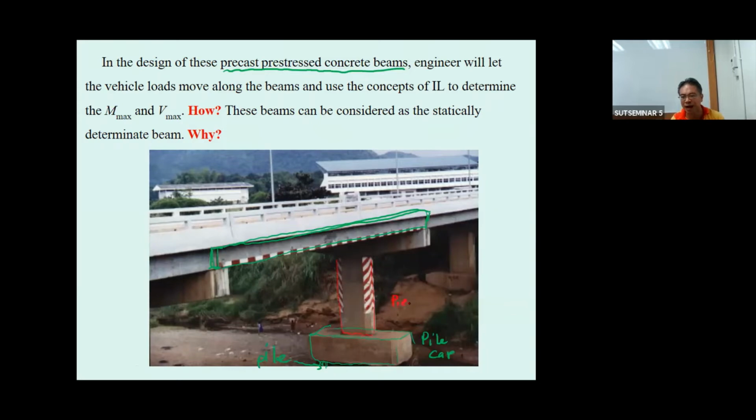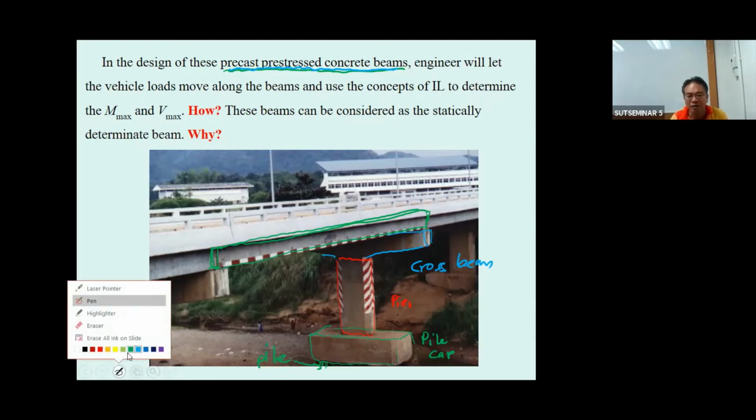This is P-I-E-R. After you cast the pier, finally you cast the cross beam. This is going to be the cross beam. Okay, and then before finish casting the cross beam, you ship the precast prestressed concrete beam to this side by putting it into the 18 wheeler or 24 wheeler and use the crane to lift it and put it over here.